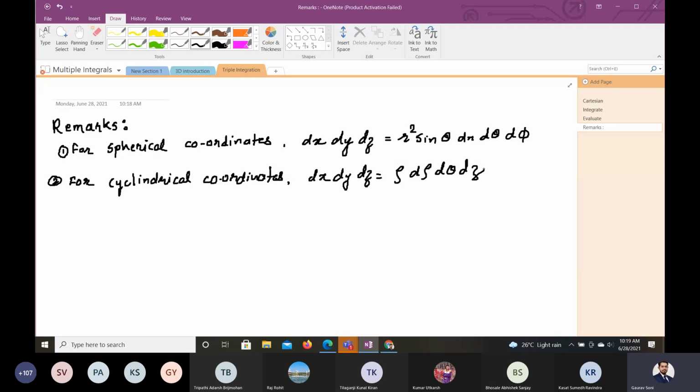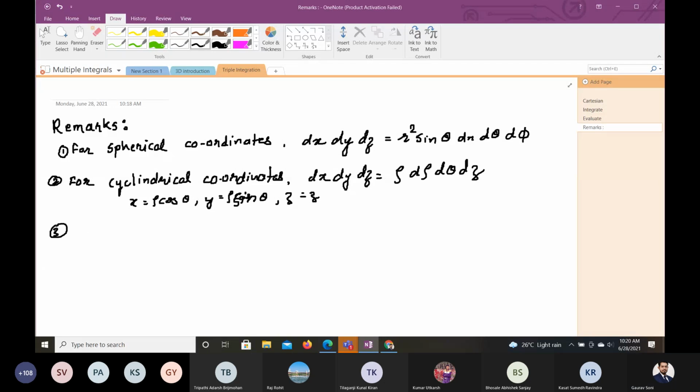If you are substituting, let me recall: x is equal to rho cos theta, y is equal to rho sin theta, and z is equal to z. This is what cylindrical coordinates look like. The third one that we saw was the ellipsoidal coordinate system.